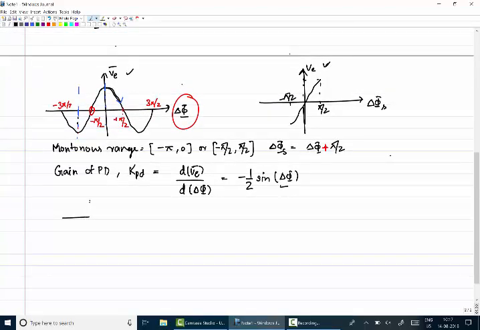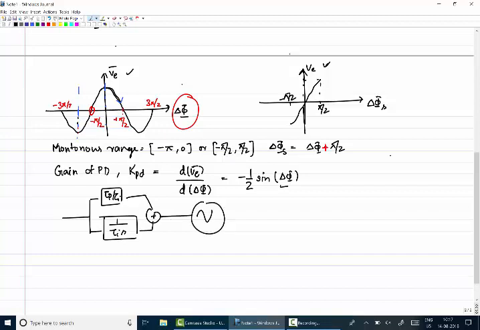So for a type 2 PLL, I have a gain block tau p over tau I and 1 over tau is, and this is something which goes into the VCO.